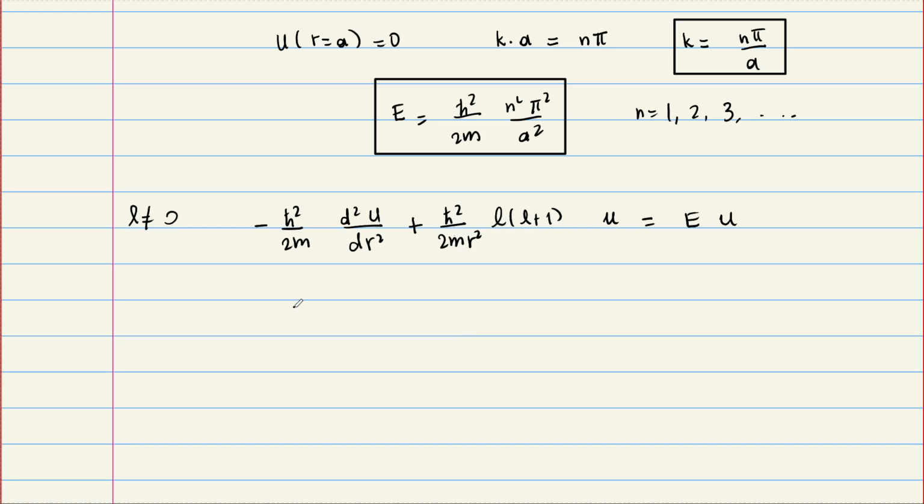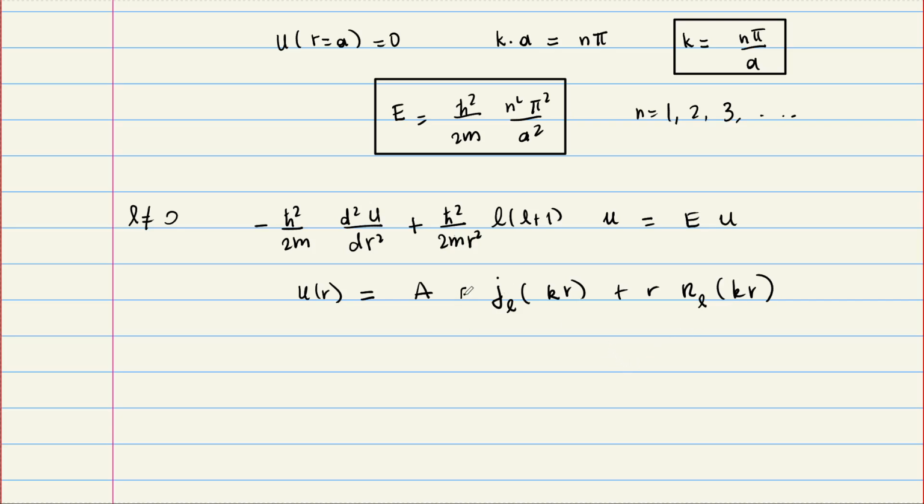The solution here is u of r equal to some a r times j L of kr plus r times little n L of kr.